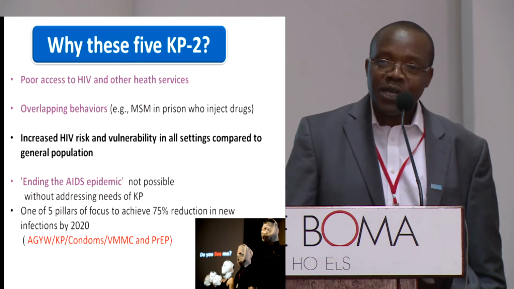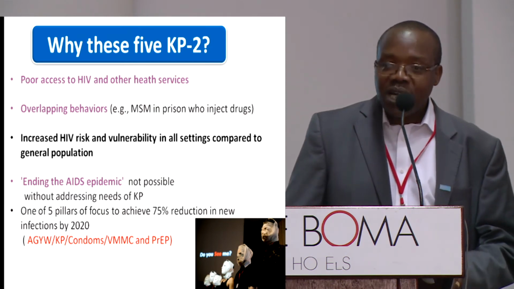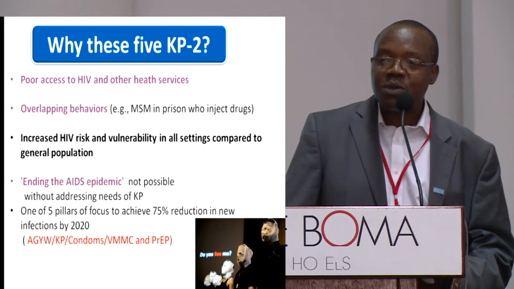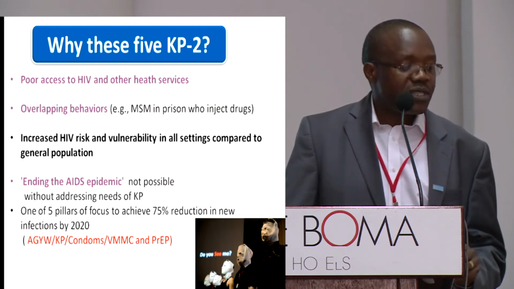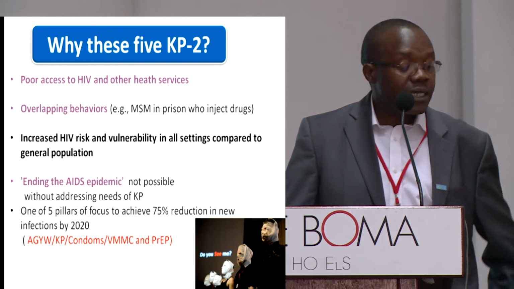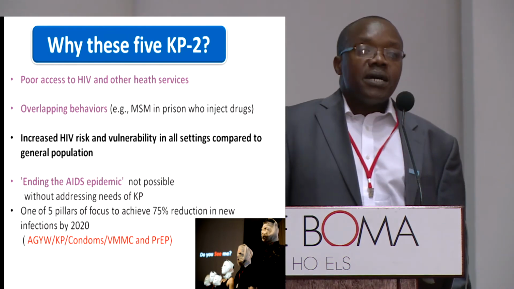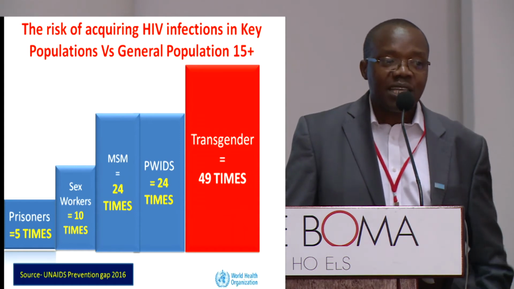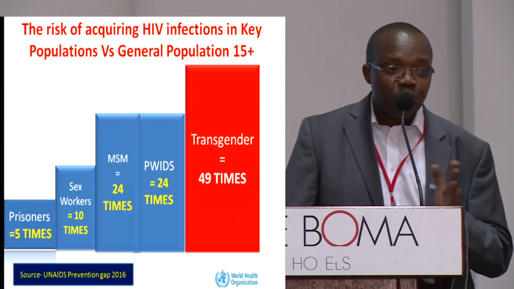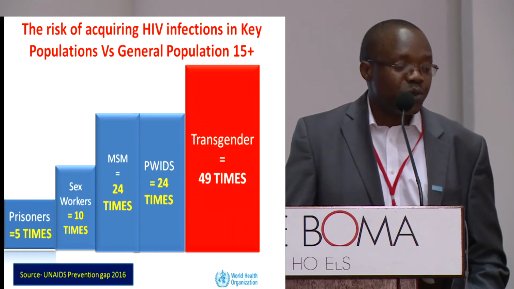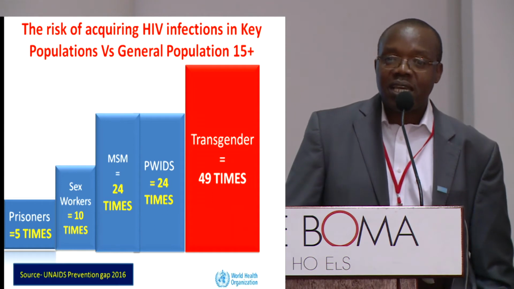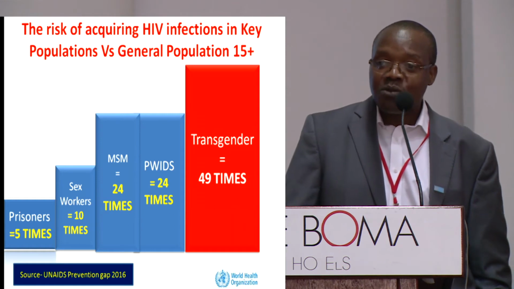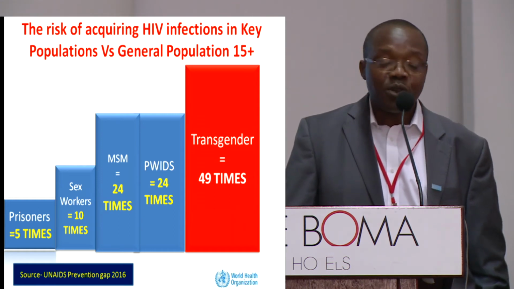Of course, as I said, if we are to achieve the fast track targets by 2020, and of course end the epidemic by 2030, we certainly need to invest in targeting key populations. The risk of acquiring HIV is also very high, and it differs depending on which group an individual belongs to. For prisoners, there is a 5 times increased risk of catching HIV compared with the general population.